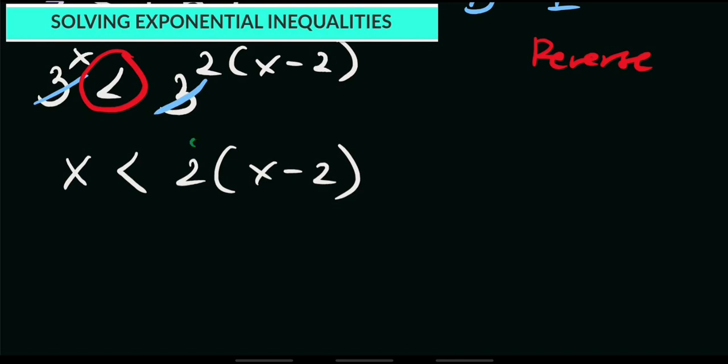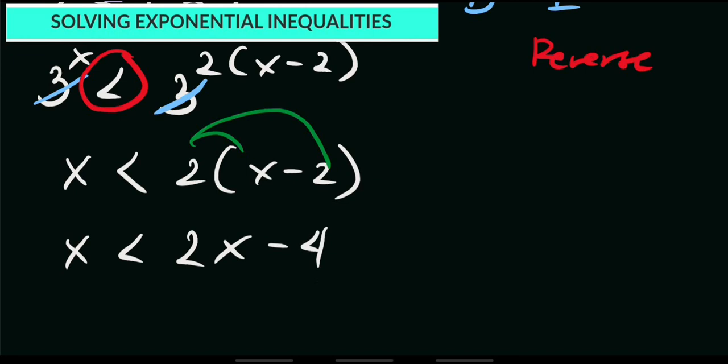Let's distribute the value of x. Therefore, 2 times x is 2x, and 2 times negative 2 is equal to negative 4. And then solve for x. Let's combine like terms. Let's add 4 to both sides para matanggal yung 4, and then let's subtract x from both sides para matanggal yung x.